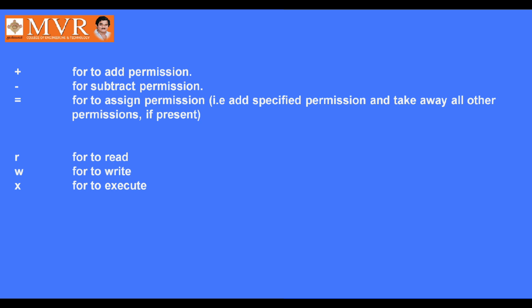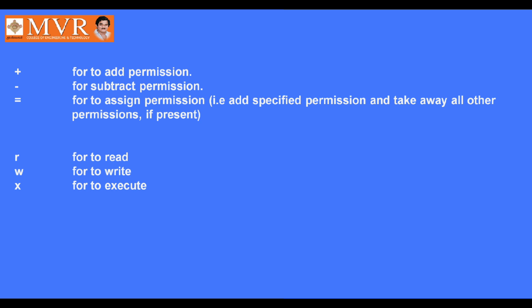And the equal to symbol, this is the most important thing. Equal to and plus are a bit different. Equal to is used to assign permission, that means it will assign something to that file, and at the same time it removes the remaining permissions. Suppose a file has only write and execute permissions and doesn't have any read permission.